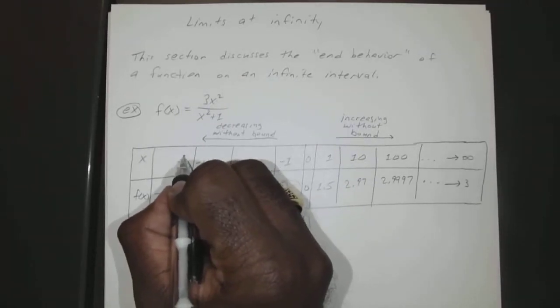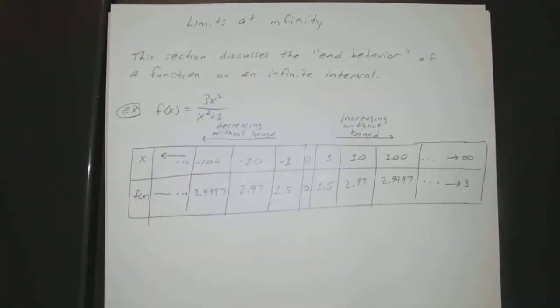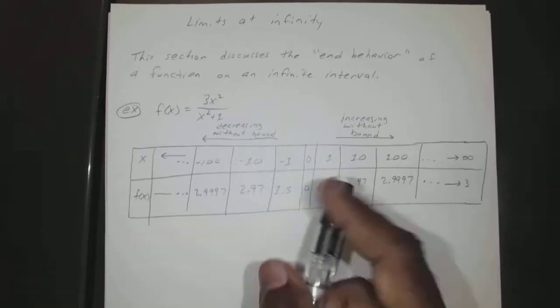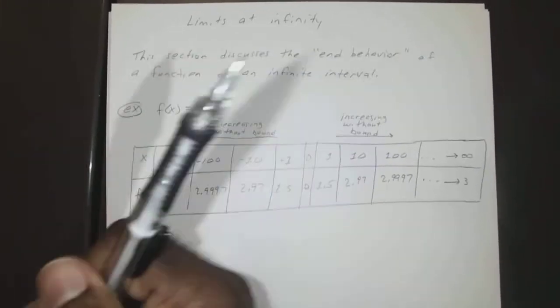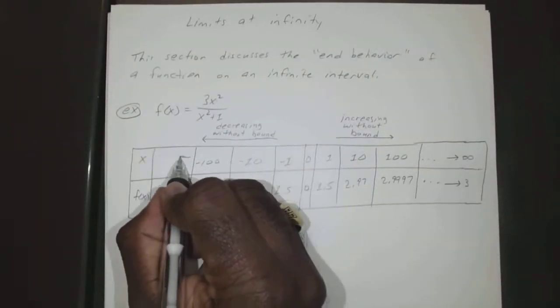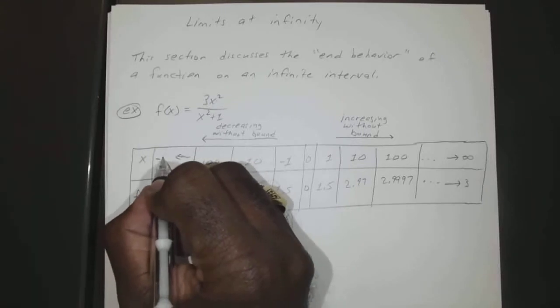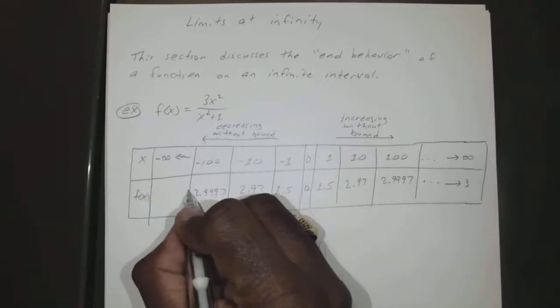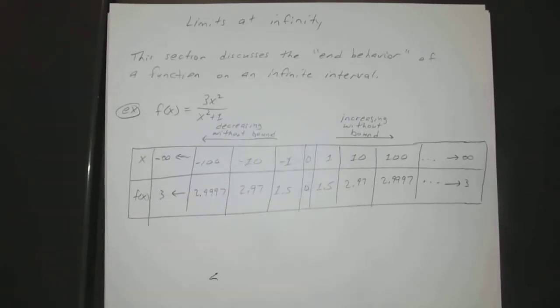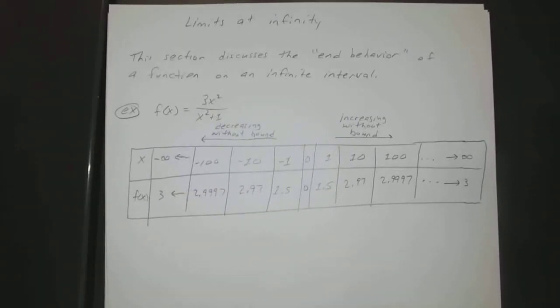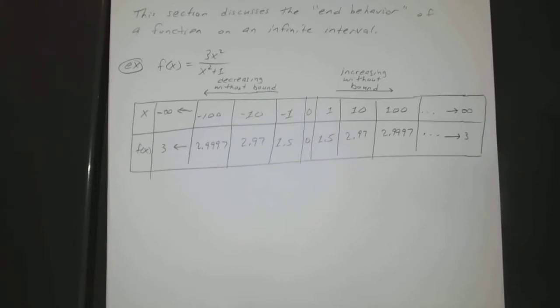So as you get further and further towards negative infinity, oh, made that a little too big, ran out of room. Actually, let me get a little room there. There we go. So as you approach negative infinity, once again, your answer gets closer and closer to 3. Okay.